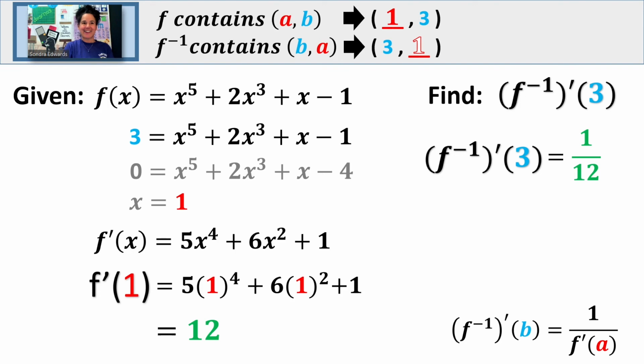Whew! Okay, so a lot of pieces going everywhere. Quick recap. You were given two functions that were inverses, so immediately you think of this relationship right here. To be able to use this relationship, you need the full coordinate a comma b.